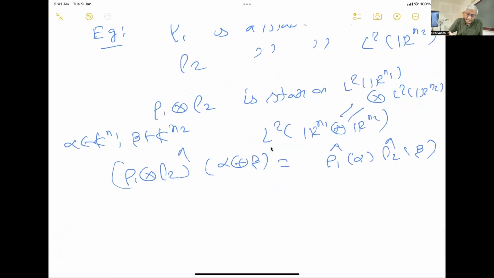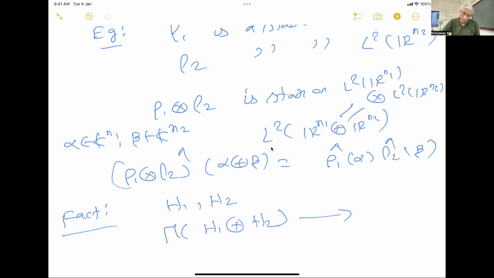And should I write it? I mean, okay, there is something you need to remember. We have already seen this. So if you have two Hilbert spaces, this is a digression, a fact you have already seen. If we have two Hilbert spaces H1 and H2, then the Fock space of H1 direct sum H2 is isomorphic to gamma of H1 tensor gamma of H2.